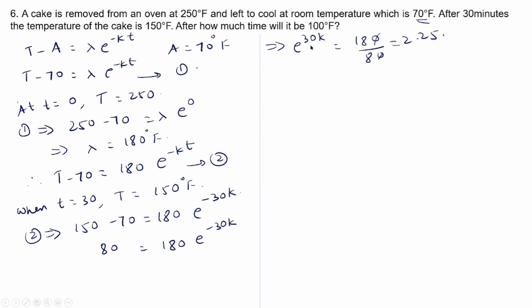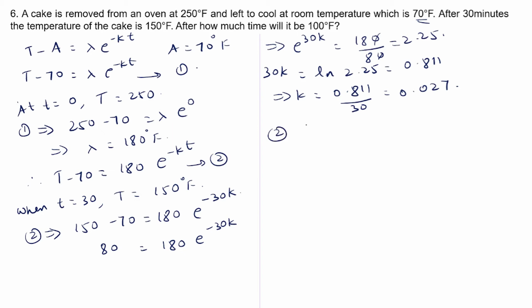So from this we have 30k as natural logarithm of 2.25. So 30k is equal to ln 2.25. Now this value is 0.811. So from this we have k is equal to 0.811 upon 30, or it is equal to 0.027.